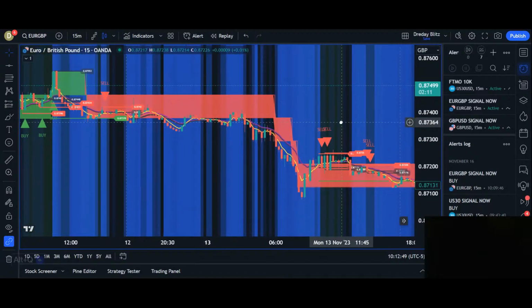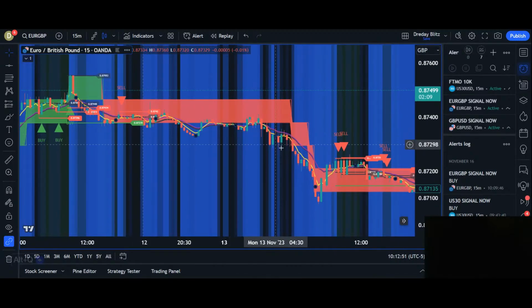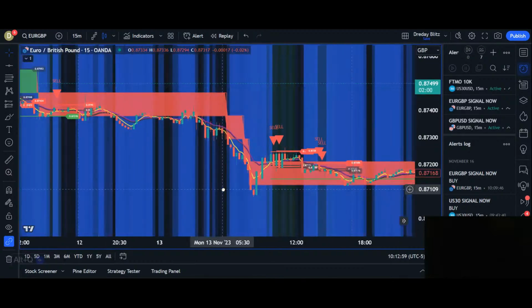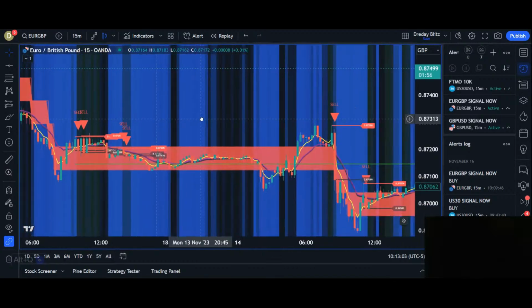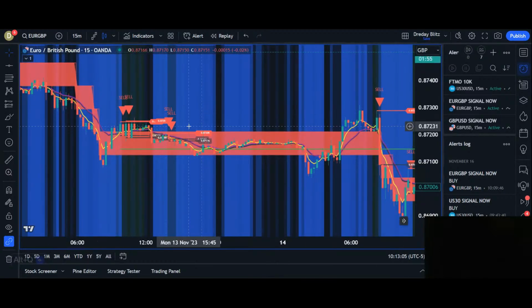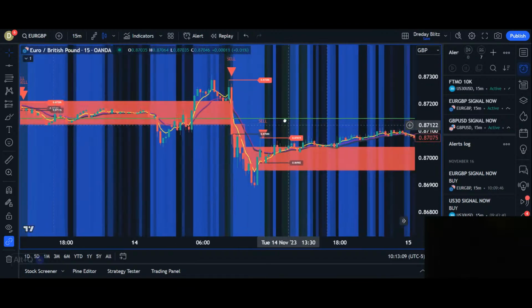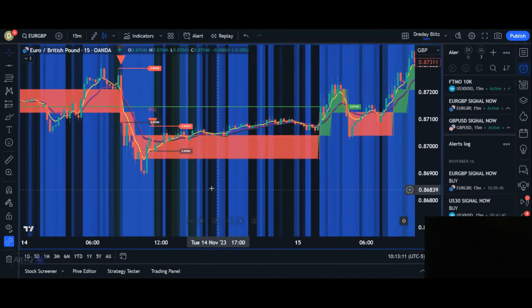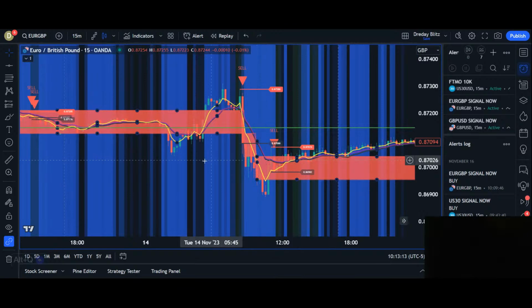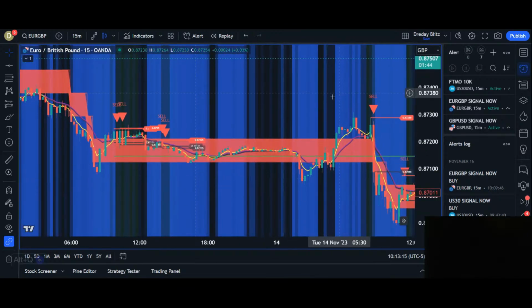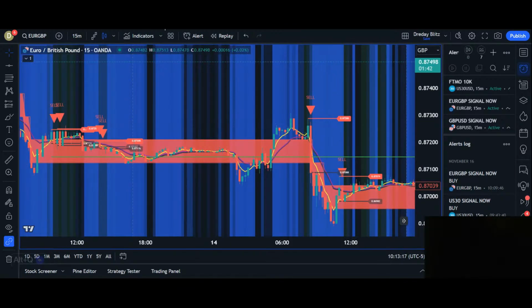Never went there. First TP zone is the bottom of this Renko bar, this one, and this one. Right here, same thing. Sell. 1, 2, and 3, but it went only for 2 zones, and so on and so forth.